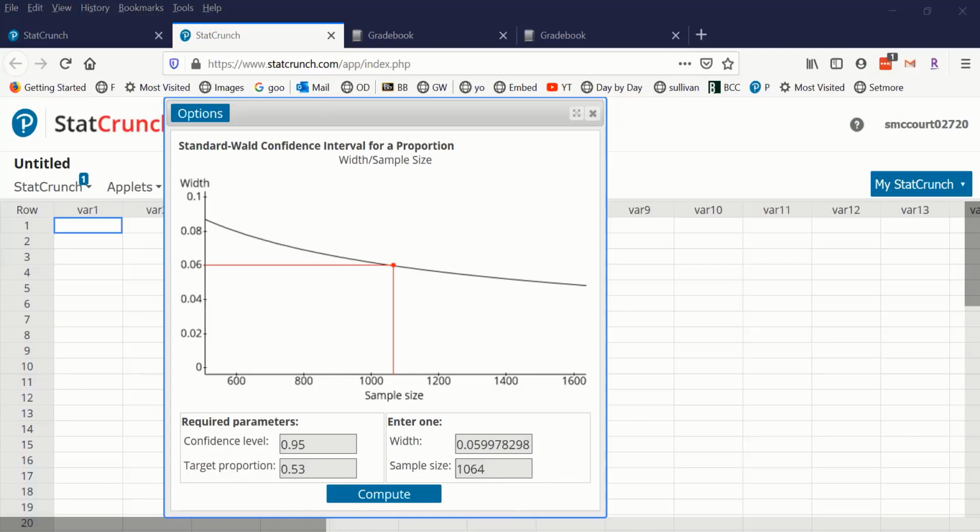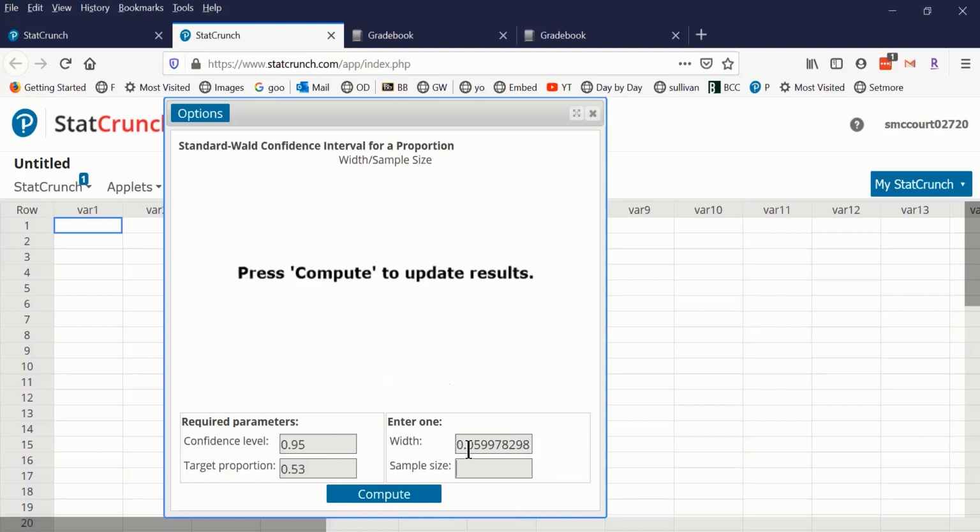Okay. Now, the second part of the question asked us to do the same thing, but not use a target proportion. So I'm going to clear these out. We'll still have 0.06 for our width. But in this case, we're going to have no target proportion.